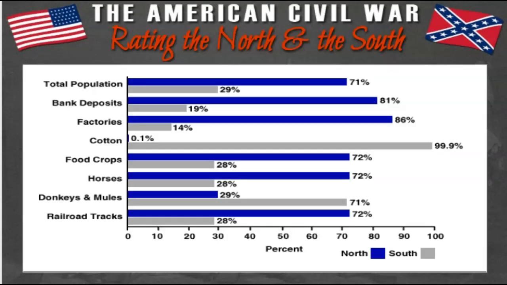Here is the chart of it. If you look at the total population, you have 71% for the Union, which is represented here in blue, and the Confederates is represented at 29. And of that 29, you could almost say that 1/3 is enslaved or slave population.